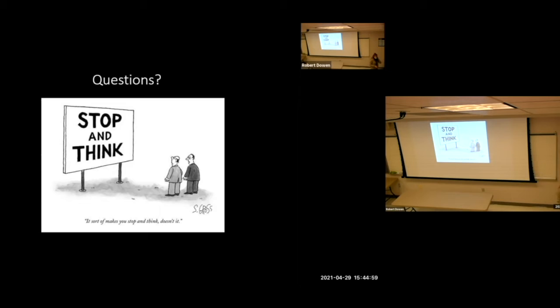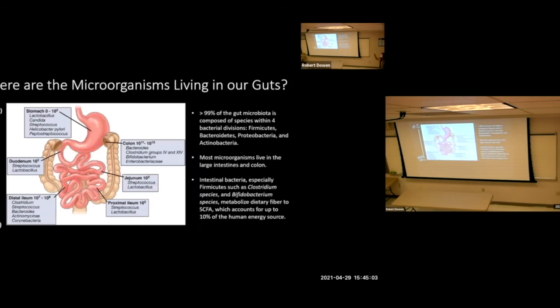Also, to build out that idea of how you actually establish this microbiome, here is where the microbes actually live in your gut. The majority of microorganisms living in your gut are found in the large intestines and in the colon.